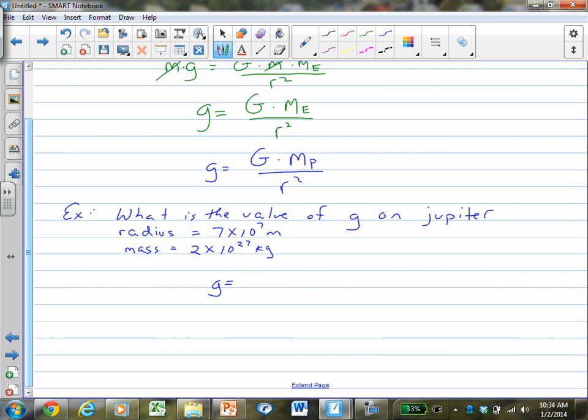g for Jupiter would be 6.67 times 10 to the minus 11 newtons times meters squared over kilograms squared, times the mass of the planet, 2 times 10 to the 27 kilograms, over the radius squared.